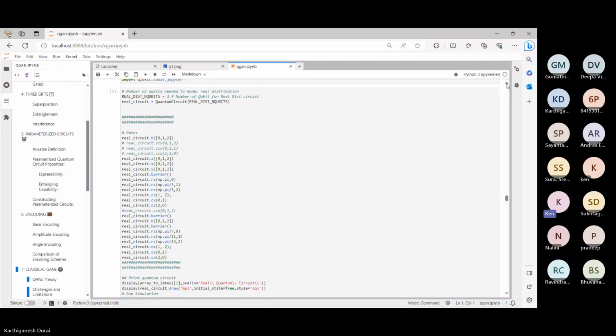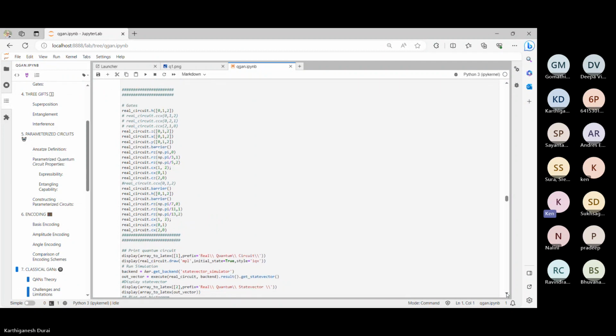And we have the real circuit here, which is equal to the quantum circuit that we're going to define. This quantum circuit is made up of 3 qubits that we specified here. And here I've chosen these gates, but again, you guys could play around with this code. There's nothing special about these gates. I just wanted to make something difficult, but at least challenging to the experiment here.